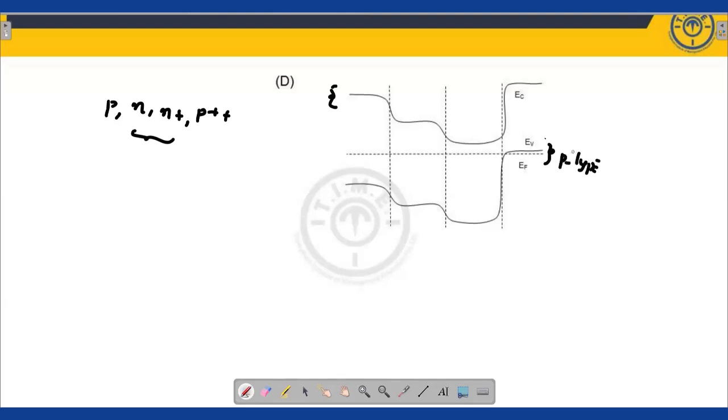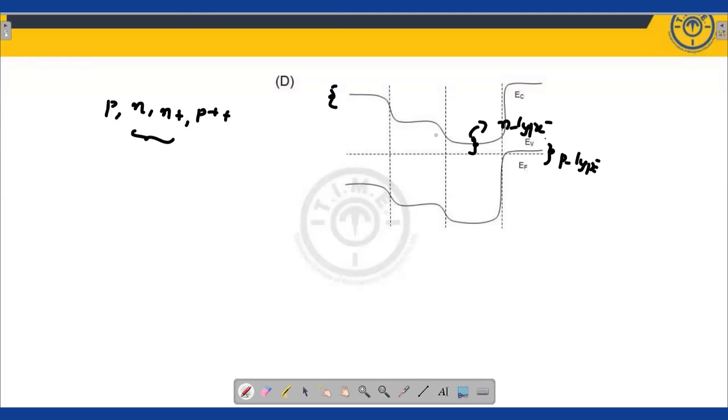Next, in N type, the Fermi level is close to EC. Now, if I go for N plus type, the Fermi level should still be close to EC.